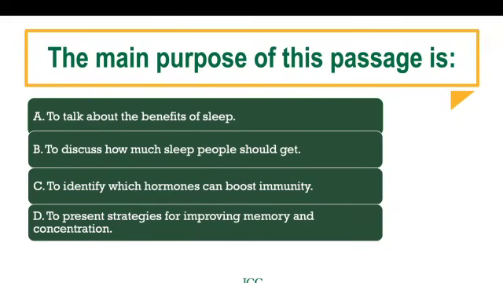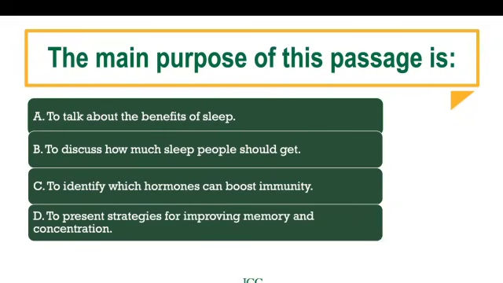Now, there are some answers here that sound truthful, but it's not the main purpose of the passage. And then some we don't even have the answers to. For example, they don't present strategies for improving our memory and concentration. We're talking about getting a good night's sleep, and yes, they said a good night's sleep can help improve memory and concentration, but they didn't present strategies for us to do that.